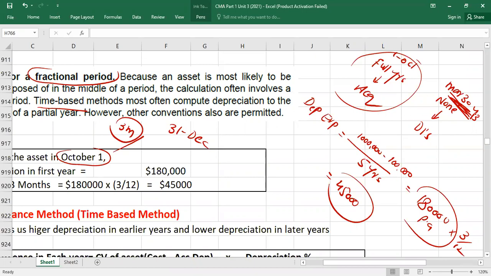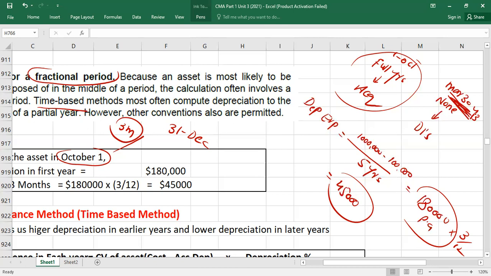Understood? You have to focus on what the question says. If the question states this policy, you have to follow that policy in the calculation. Understood? Clear what I'm saying? It's just English, and if he is telling you the application of a policy, you have to follow it while solving the question.